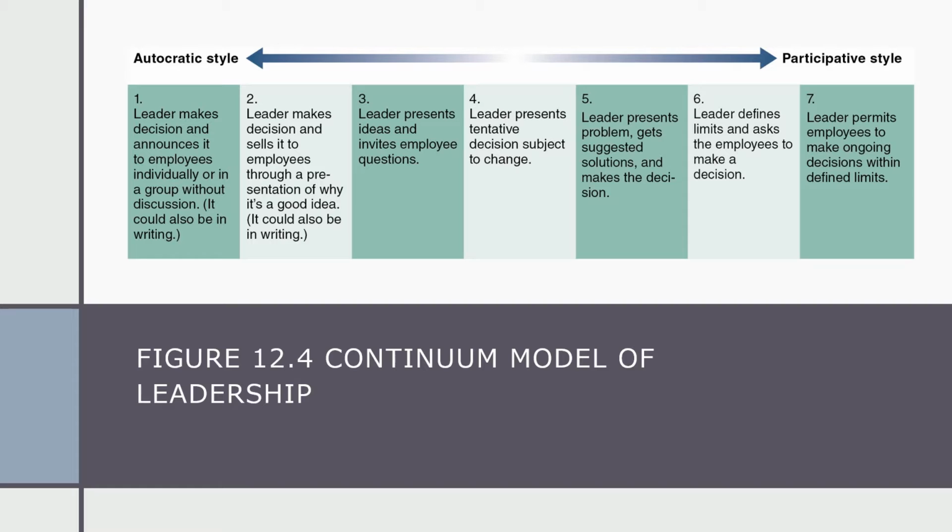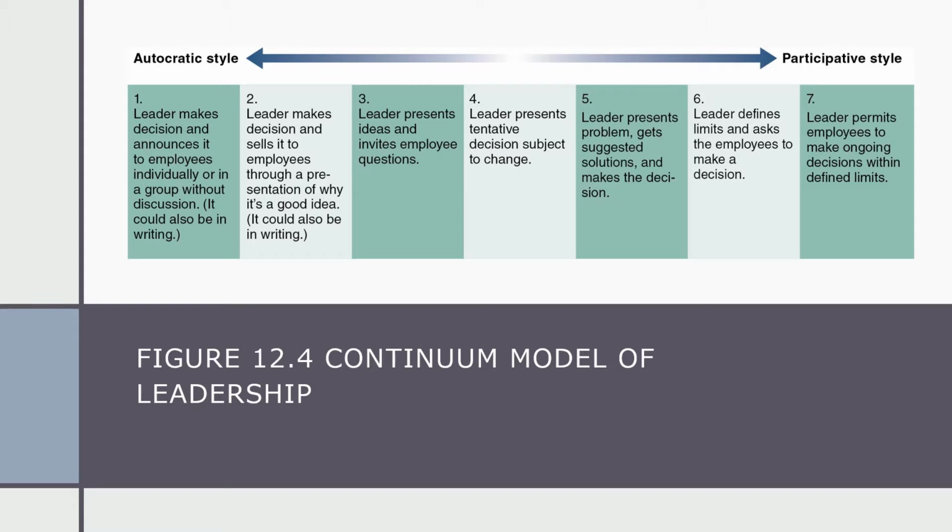Tannenbaum and Schmidt identified 7 major styles from which leaders can choose. You see here in figure 12.4 an adaptation of their model published in the 1970s that lists the 7 styles. Continuum leaders choose their style based on a range between boss-centered or autocratic or employee-centered, which would be participative leadership for the given situation.